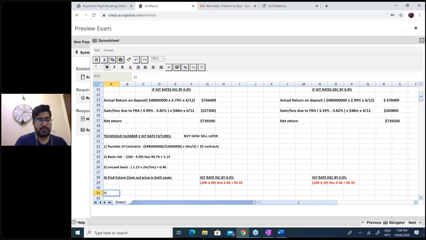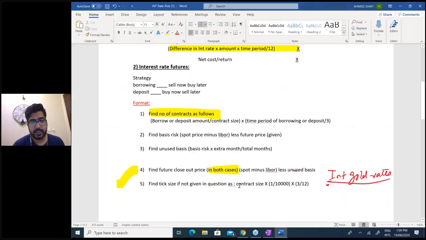Now in step 5, I need to calculate the tick if it's not given in the question. I read the question, and nowhere is tick mentioned, so I need to calculate it. Look at the formula of tick: contract size into 1 over 10,000 into 3 by 12, as you can see on the screen.